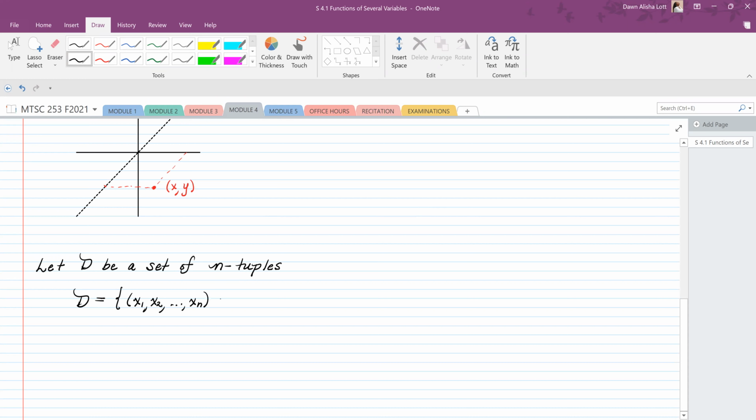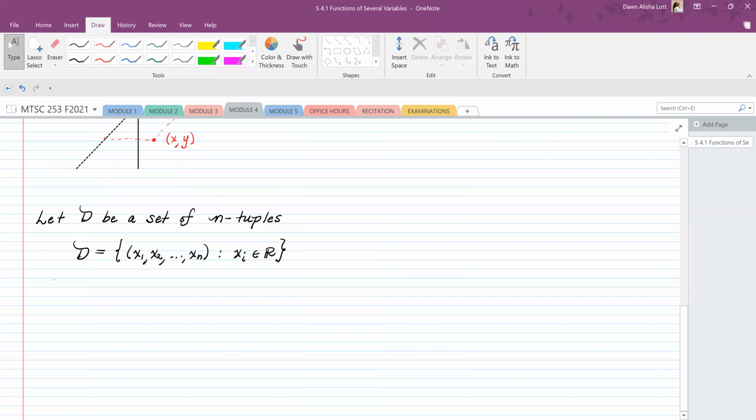So that's an n tuple. And here all the xi's are real numbers. Okay. So now we're talking about a real valued function. We've talked about vector valued functions for quite some time. So now we want to talk about a real valued function.